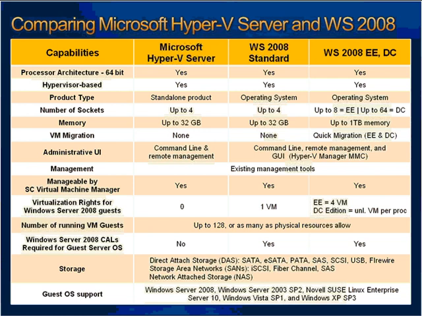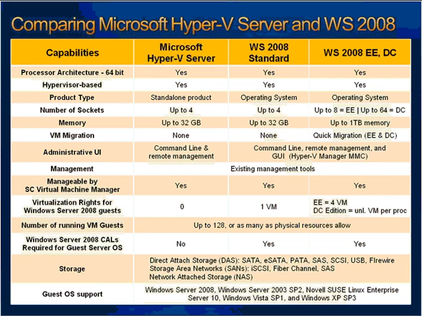So as you look across the slide, you'll see that Hyper-V Server still will support up to 4 processor sockets and 32 gig of physical memory, similar to Windows Server 2008 Standard Edition, but that it doesn't offer some of the more enterprise features. For instance, it doesn't offer high availability clustering.